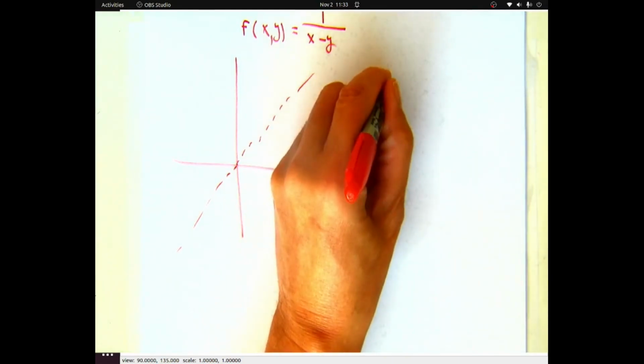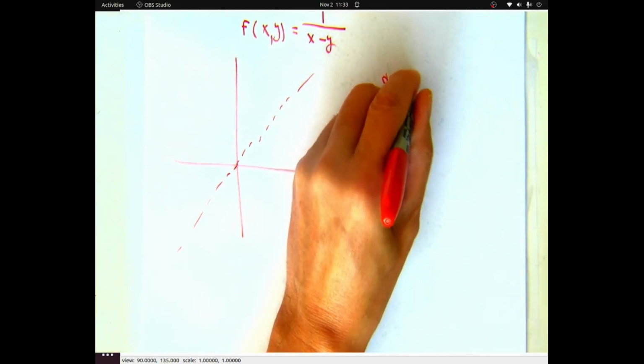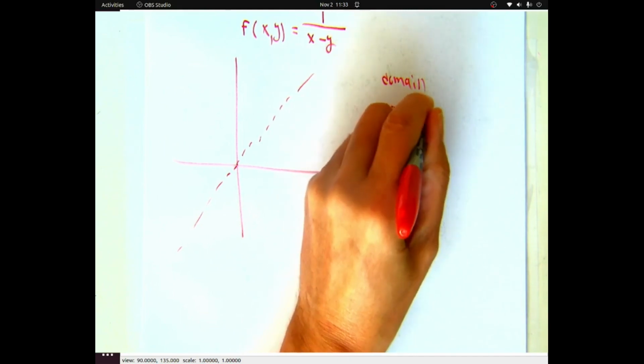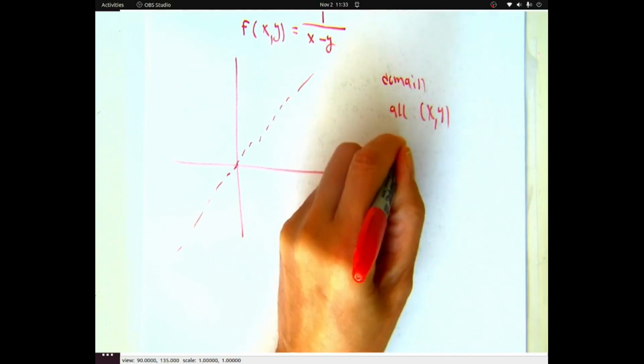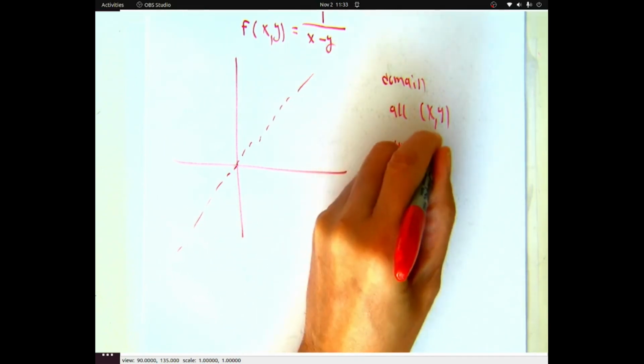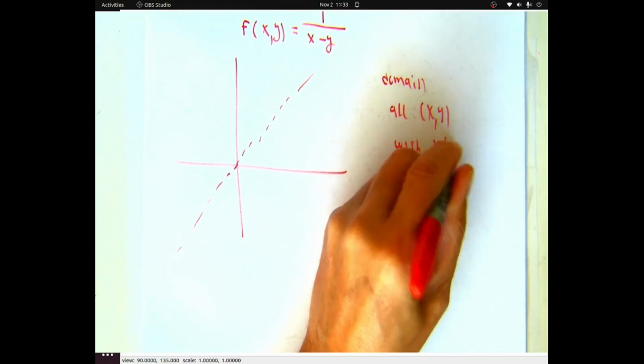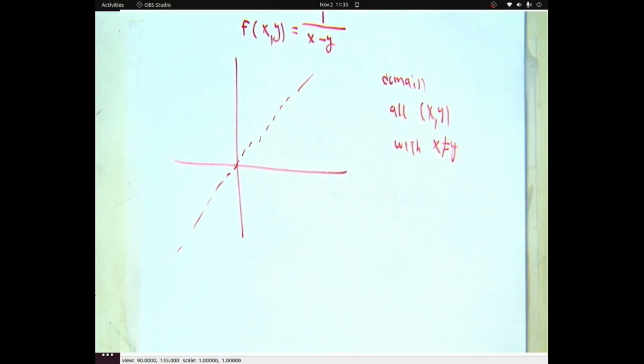So the domain is all x, y with x and y different from each other. So I can't have any points on this dotted line that I've put in as an input.